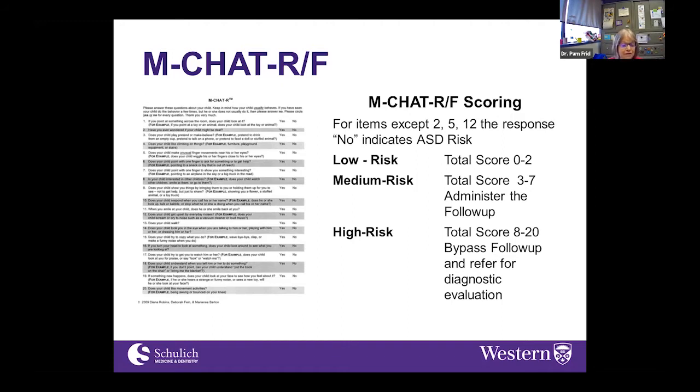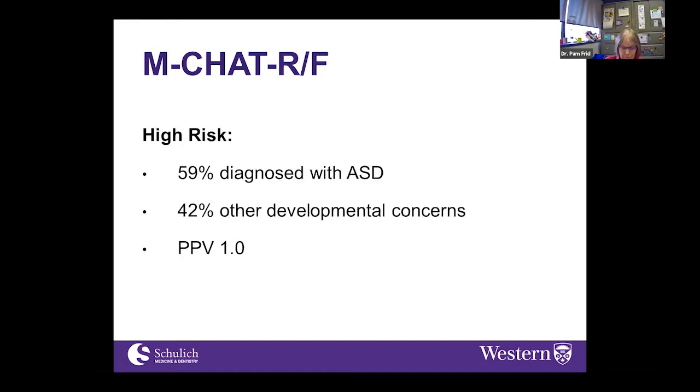And the other thing to note is if somebody scores in the high risk, which is a score of 8 or higher, you can skip right over the follow-up interview and just send them on for diagnostic evaluation. And the MChat is extremely good at identifying children with problems.